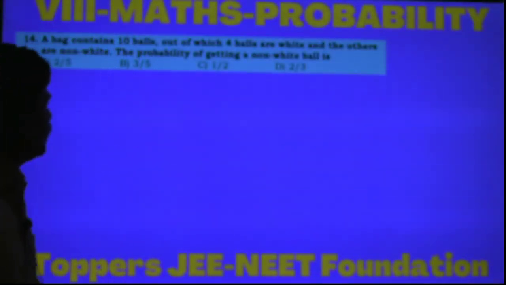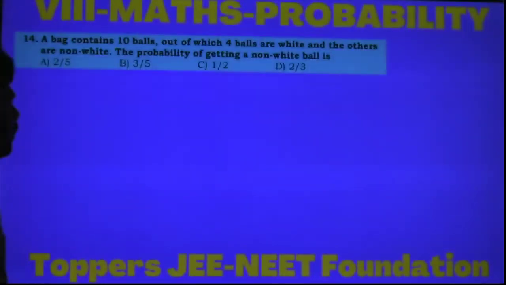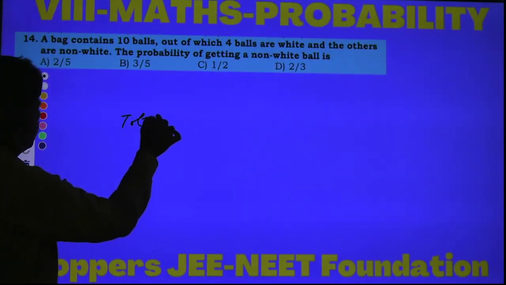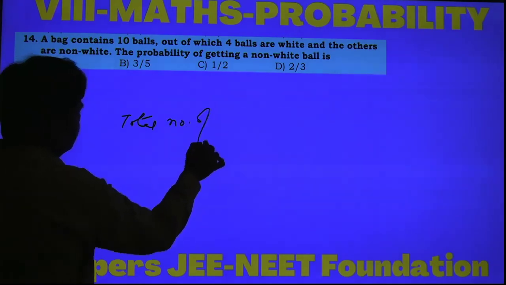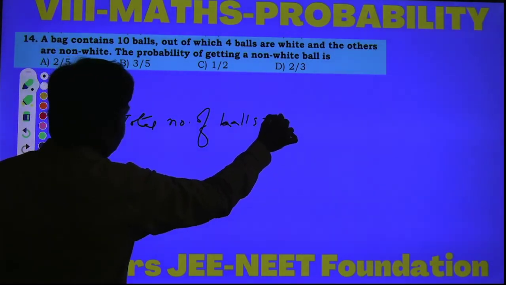A bag contains 10 balls, out of which 4 balls are white and the others are non-white. The probability of getting a non-white ball is, here total number of balls is 10.